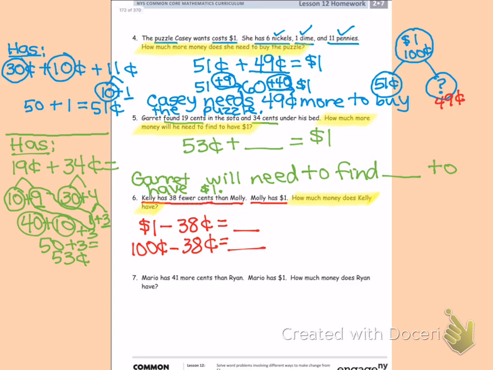If I was going to use the arrow way to solve this, this is how I could do it. I could take the 100 cents and instead of subtracting 38, I could subtract 40 because 40 is close to 38.